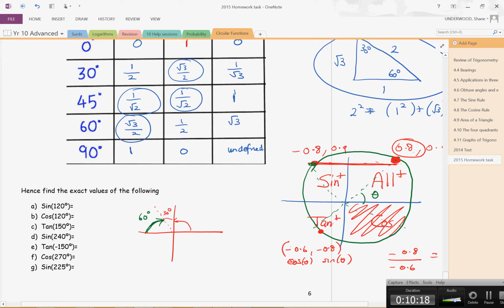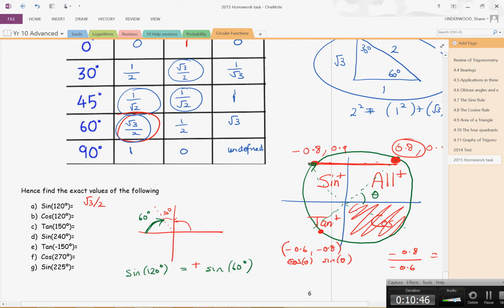So what we can say is that sine of 120 degrees is the same as sine of 60 degrees, and is sine of 60 positive, is sine of 120 also positive? Yes, it is. So the answer is sine of 60, which is equal to root 3 on 2. So we fill that out, root 3 over 2.